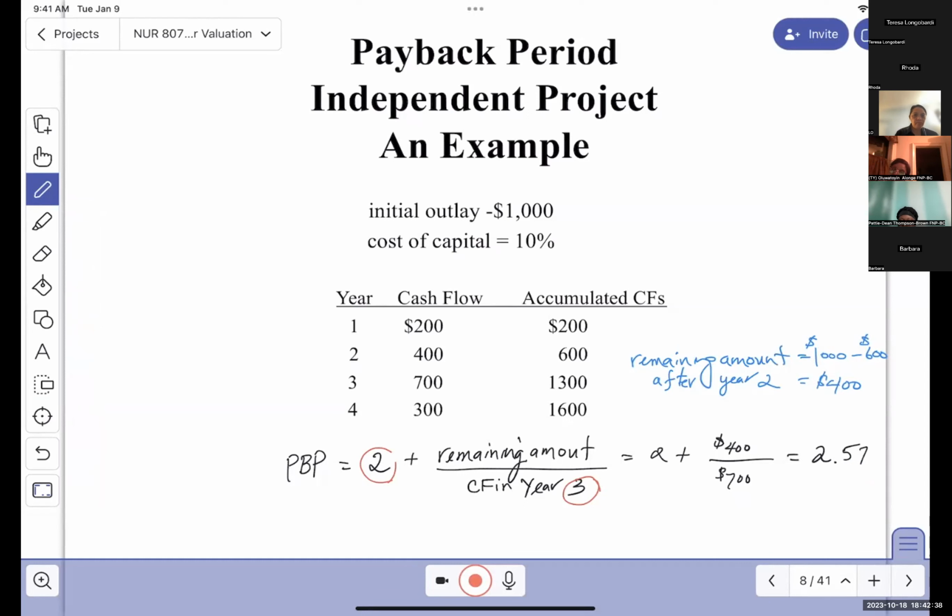Any questions about this calculation? Because I'm going to do it again. So the payback period is in units of years: 2.57 years.